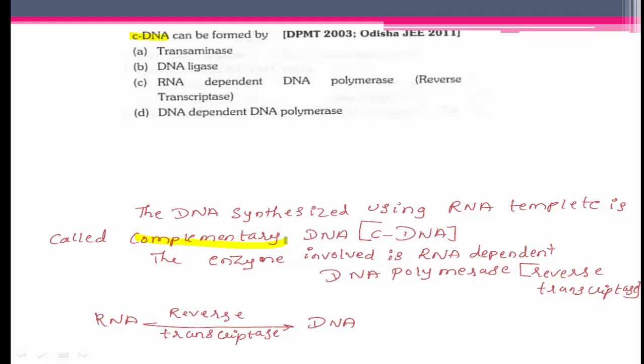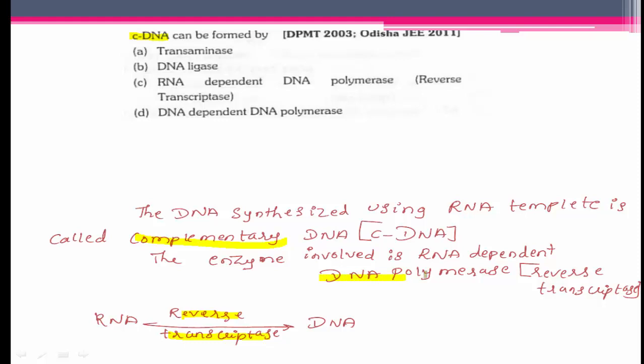C is for complementary. To which molecule is it complementary? The nitrogen bases are complementary to the RNA template. Using the RNA molecule, the DNA molecule is synthesized and the enzyme involved in this is reverse transcriptase. And what is this reverse transcriptase?